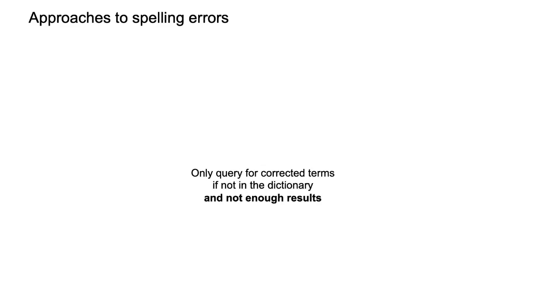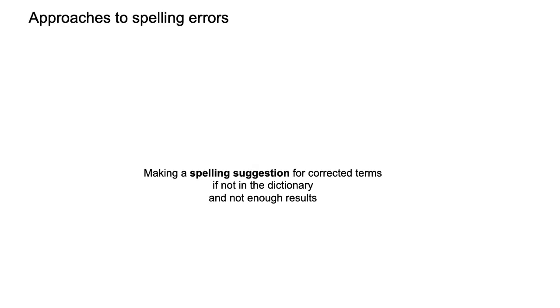Or you can be super conservative and only query if there would not be enough results. In fact, this is typically what's going to happen. I think Google even tells you there are not many results for this query, so we queried for that instead. And that's actually made with what we are about to see now.